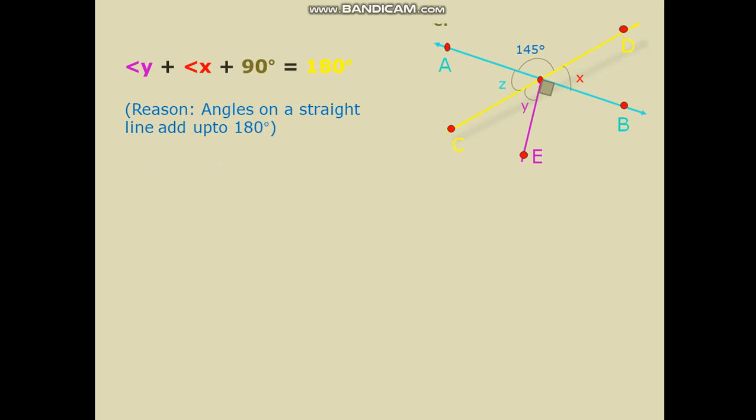So I can write it in this way. Reason: because angle x, 90 degrees and angle y are on a straight line, their sum is equal to 180 degrees. Now putting the value of x as 35 degrees, moving 35 and 90 degrees to the other side and subtracting them from 180 degrees, you will get angle y. You can subtract this in your rough work.